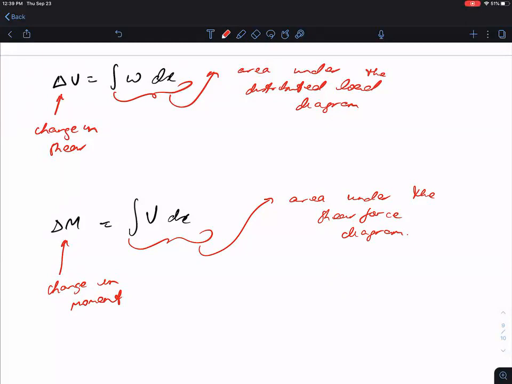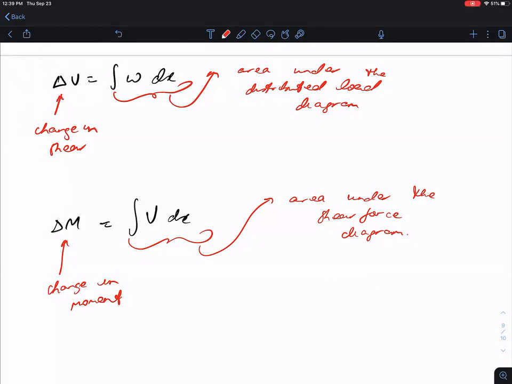We should keep in mind that these equations cannot be used between two points where there's a concentrated load or moment, because they would not account for the sudden change in shear or moments at these points.